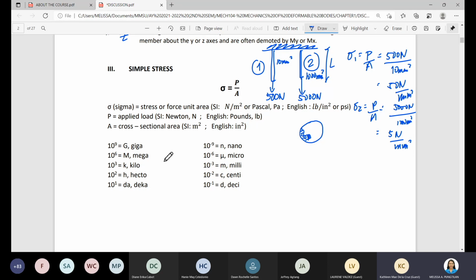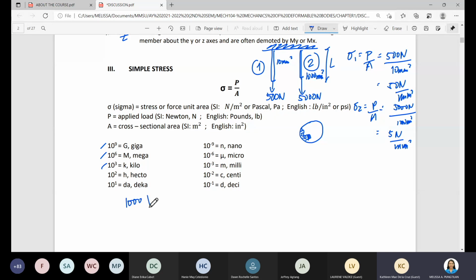And then we have here the scientific notations with their equivalent prefixes. So, kailangan nating i-familiarize yung sarili natin on these prefixes and scientific notations kasi nakadepende sa problem or kung ano yung binibigay. For example, nagbigay ako ng 1,000 megapascal. So, ano nga ba yung 1,000 megapascal?